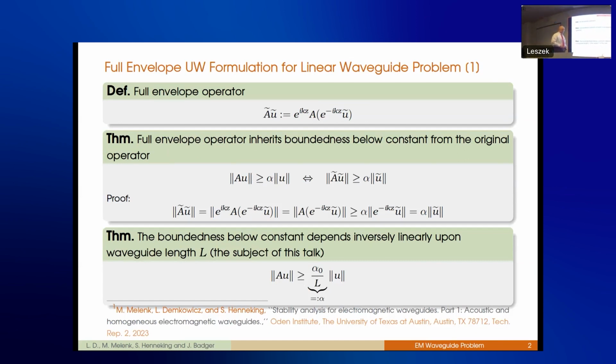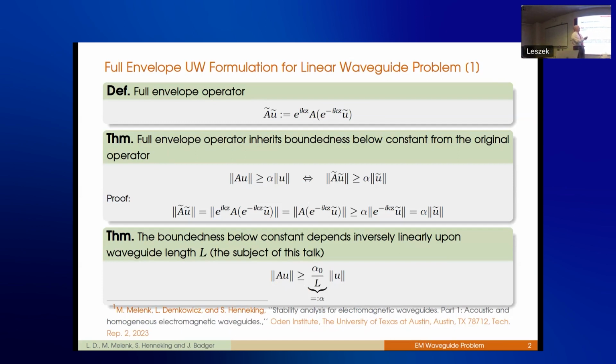One extra before I start talking about the actual mathematics. What did we do to go from 20 million to 20,000 wavelengths? Well, we use what is called the full envelope approximation.